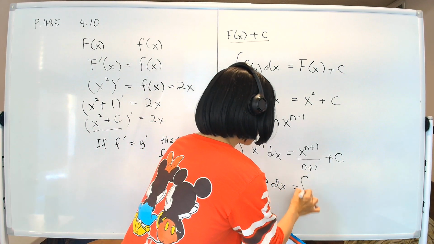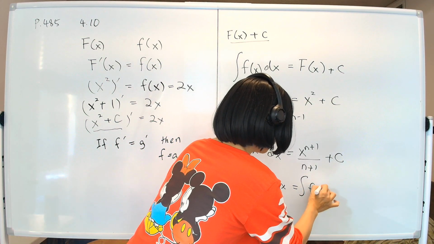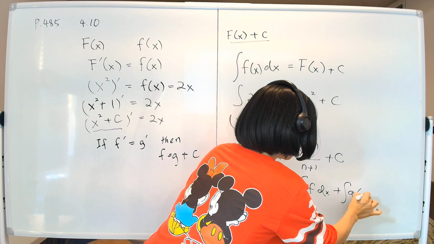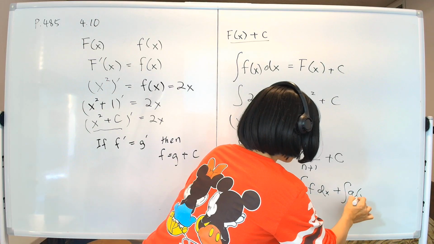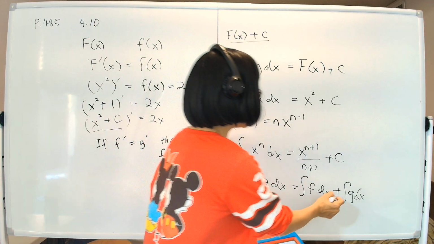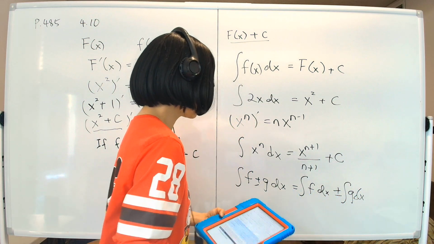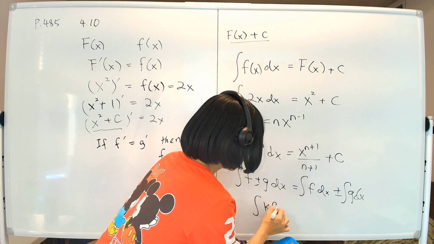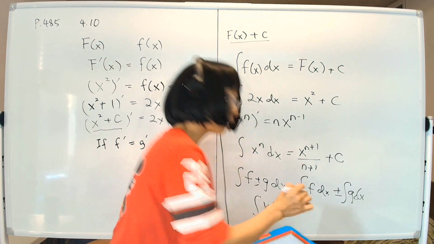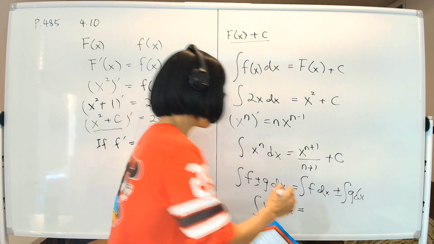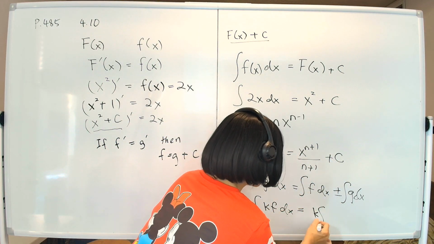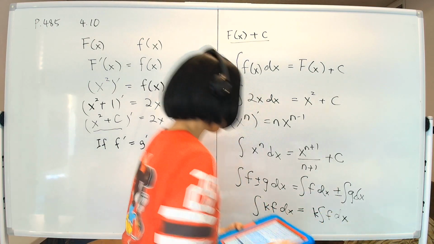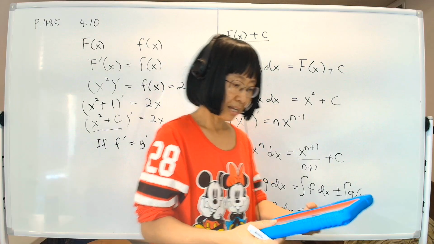If that's the case, then you can simply break it up and do it in two parts if that's convenient for you. The same goes for subtraction, and also if you have some constant, because when you take derivatives, having a constant there doesn't hurt anything, and you just take it right out. The same applies for integration. You can just take the constant right out. See, constants don't hurt much. And that's about it.